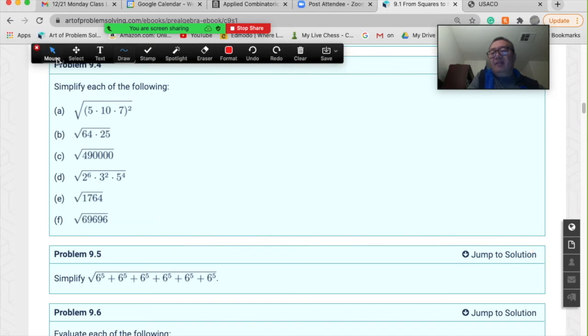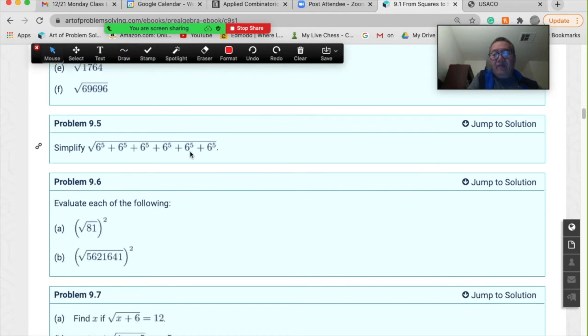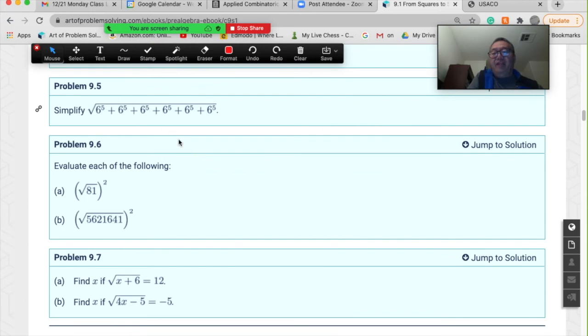Now let's go to the next one. Can you simplify 9.5? Find the answer. Yeah, find the answer for this one. What's 36 times 6? Time to use paper.